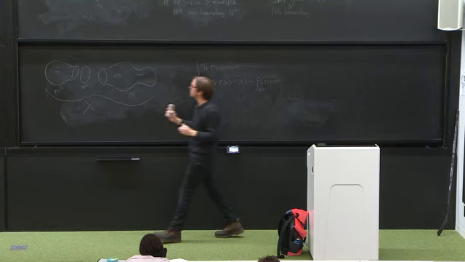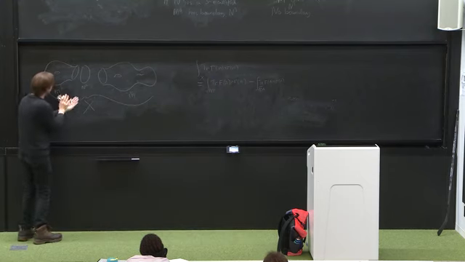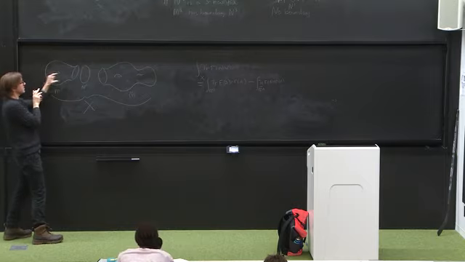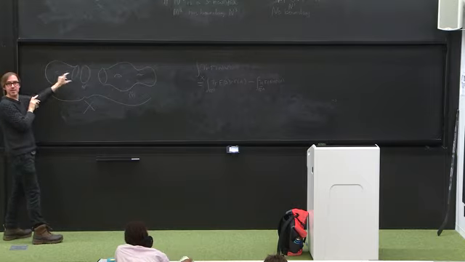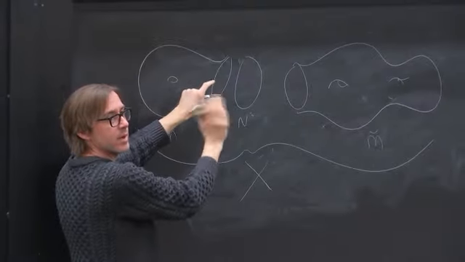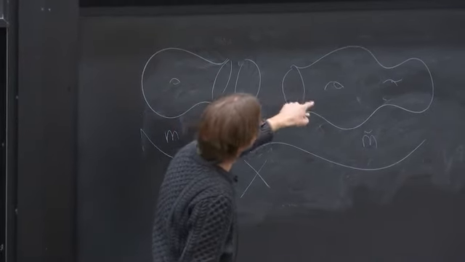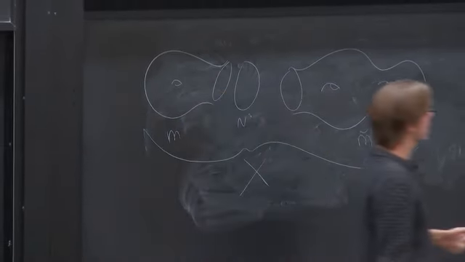Because in the beginning, really, I had two manifolds which bounded this guy from the same side. But to glue them, I had to flip one the other way. That changed the orientation and picked up a sign.